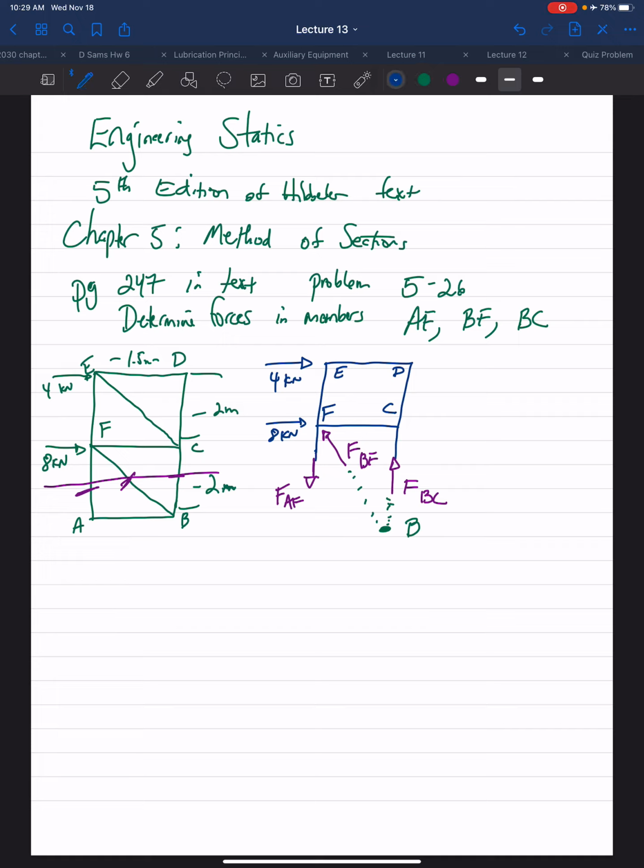So then, using our method of sections methodology, if we take the moment about point B, then we know FBF and FBC, we can ignore those forces because they go through point B and therefore do not cause any rotation about point B. Okay, so this allows us to determine FAF, one unknown to solve for.